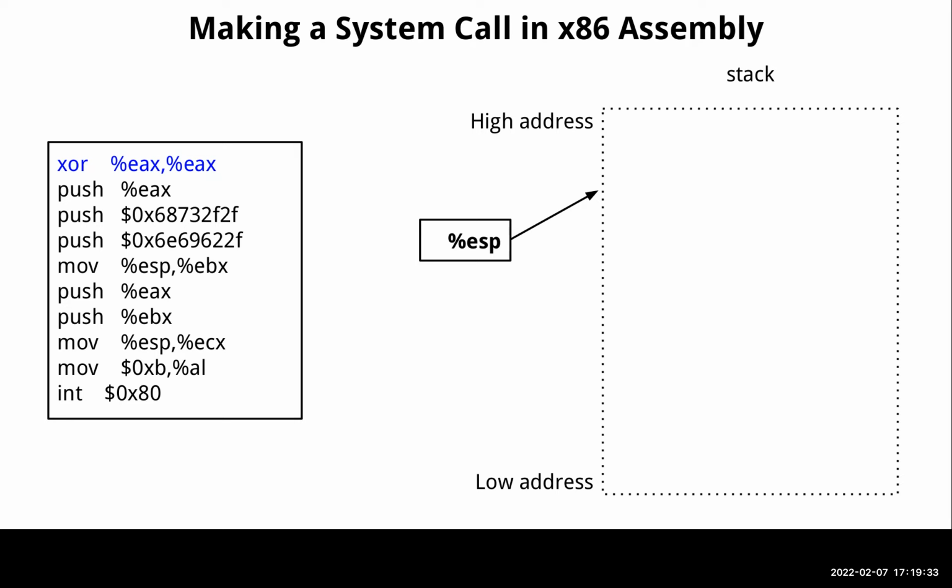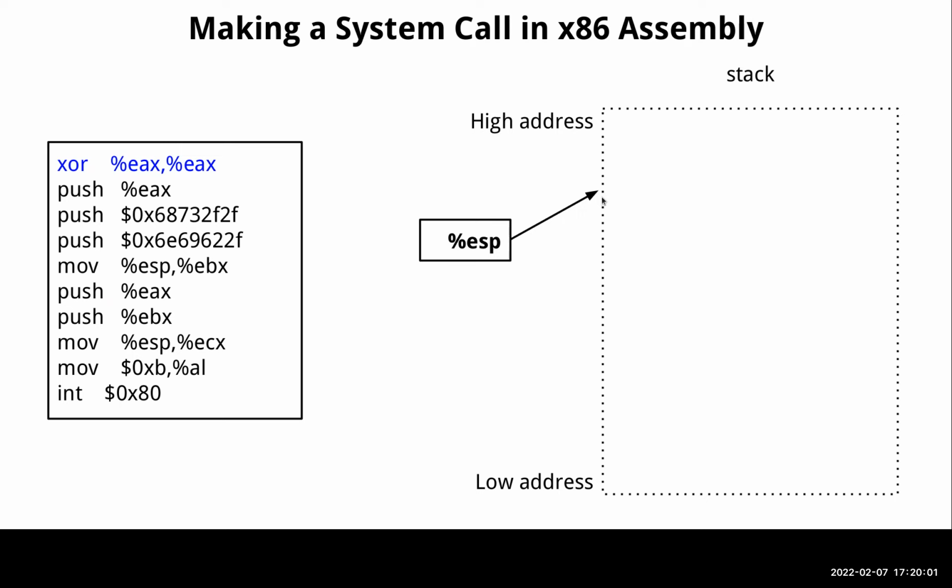Then remember, push instruction will push something to the stack, and the stack is determined by the ESP register. So at the beginning, what does the stack look like? I always draw the high address on the top, low address at the end. So we assume ESP points to somewhere here.